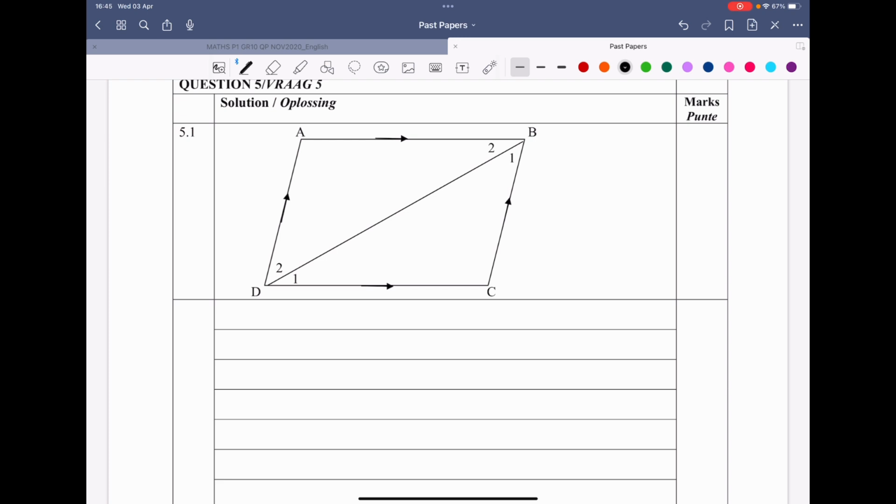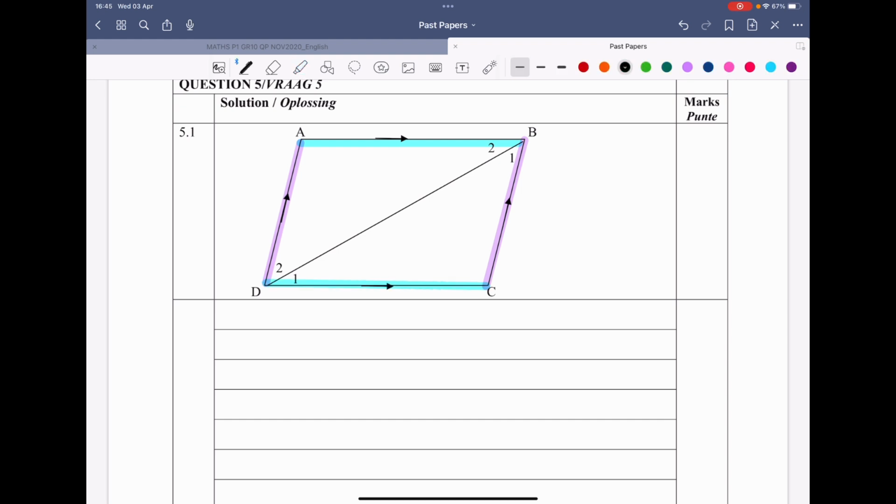So we can use all of the qualities of a parallelogram that we know, except the fact that the opposite sides are equal, which is what we're trying to prove. So we know that these sides are parallel. It's given in the diagram. Like so, okay?